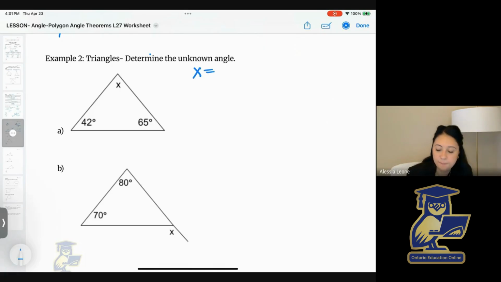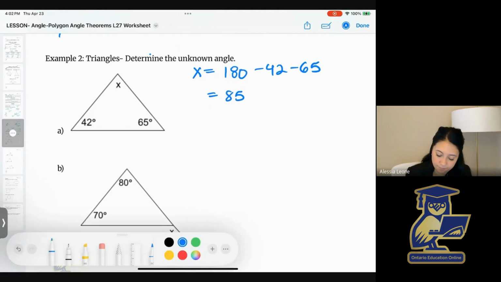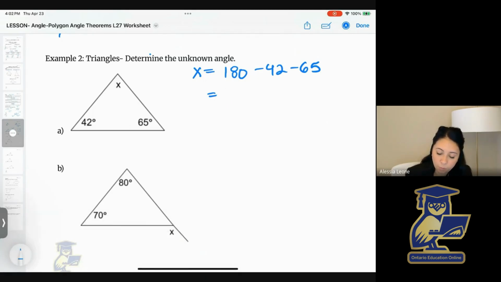X. So we're going to subtract the two angles we're given to find X. 180 minus 42 minus 65 is 73 degrees.